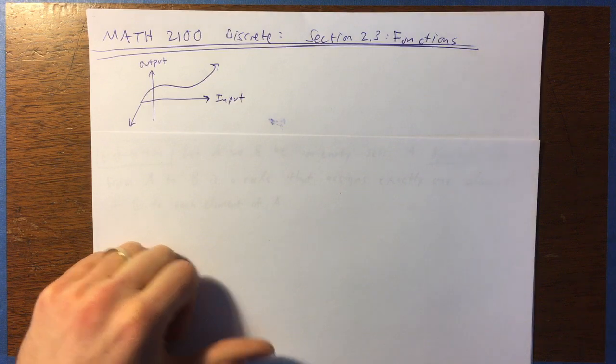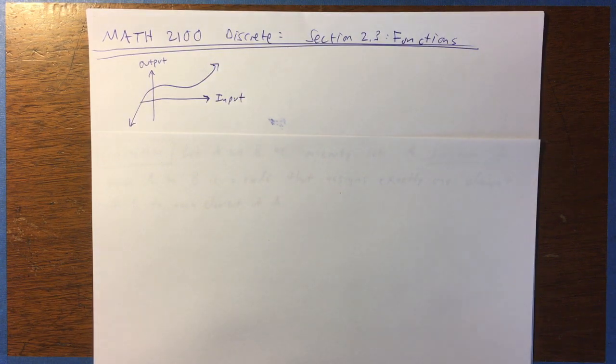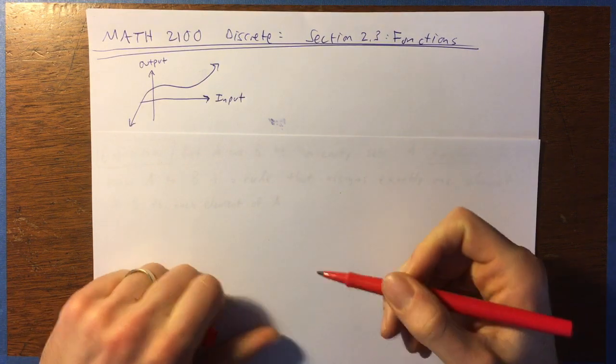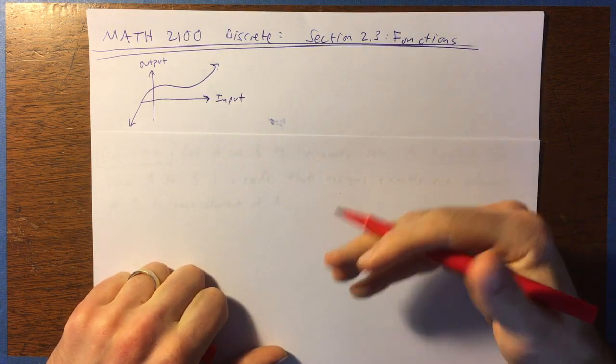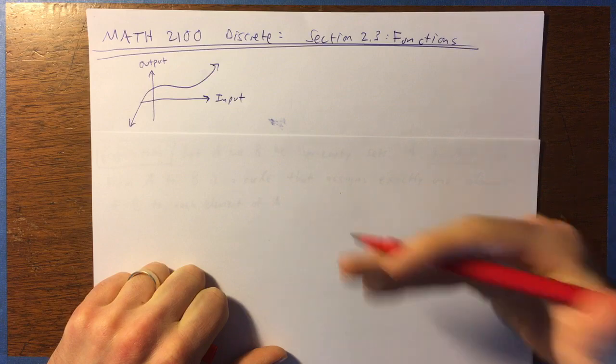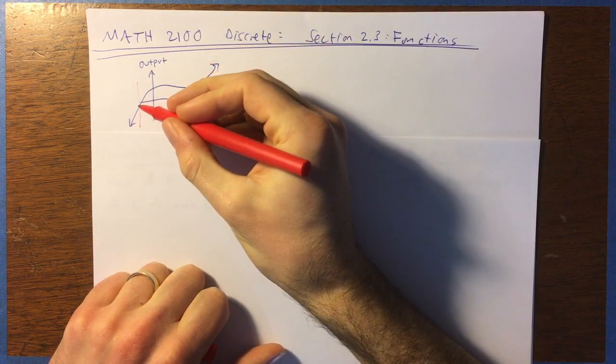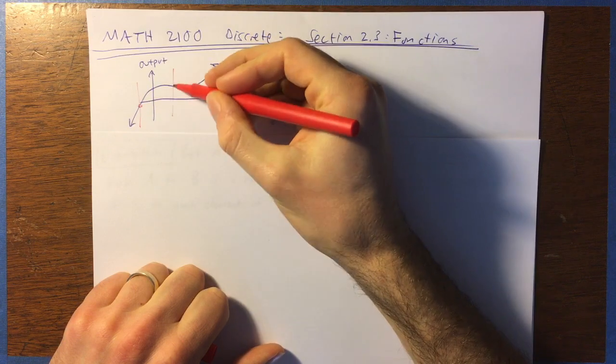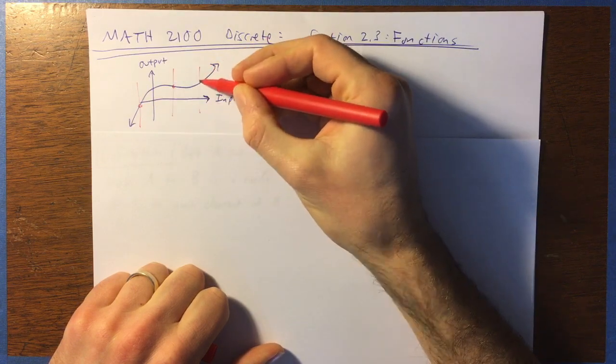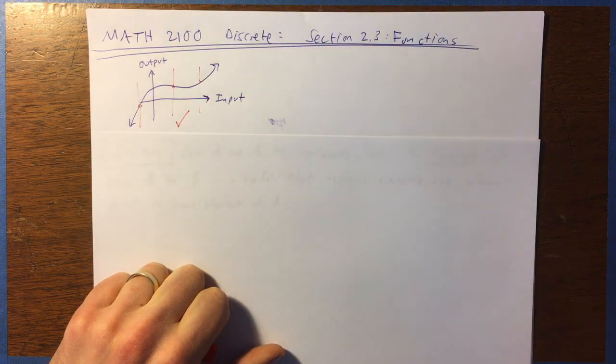The vertical line test says that this is only the graph of a function, it's only a well-defined function, if each input corresponds to one and only one output. So if you draw vertical lines and your vertical line never crosses through the graph in more than one spot, then it's fine, and it's a function. So this one is a function.